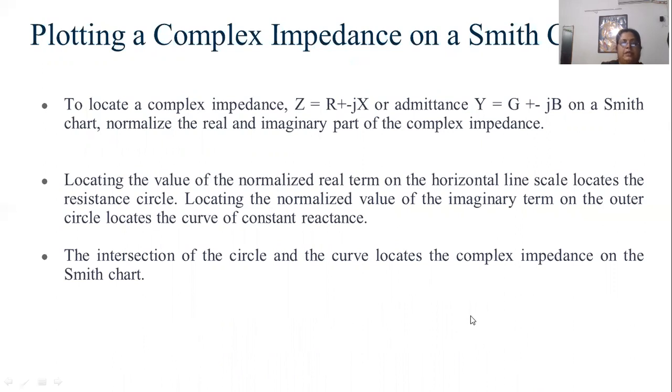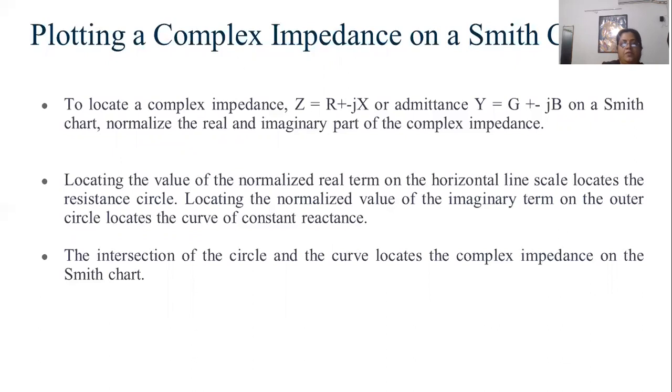To locate a complex impedance, Z equals R plus or minus jX, or admittance Y equals G plus or minus jB, on a Smith chart, normalize the real and imaginary parts of the complex impedance.